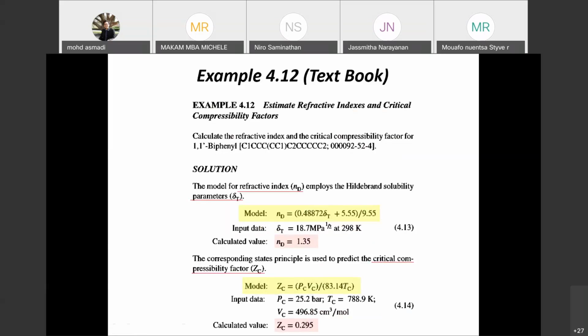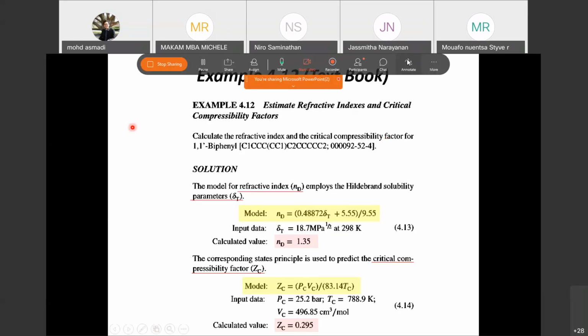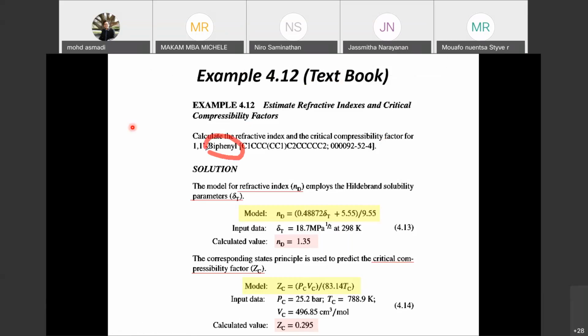But in terms of critical, PCVC divided by RTC, so you can get the critical compressibility factor, as well as the refractive index. This one is for example for biphenyl, but if you use the previous examples, delta T you can substitute into this equation so that you can get the answer for the refractive index.